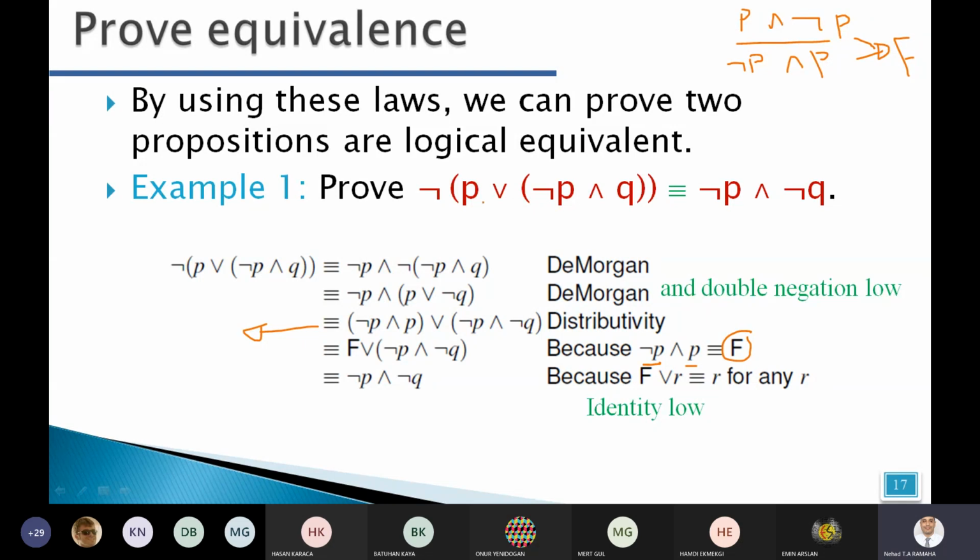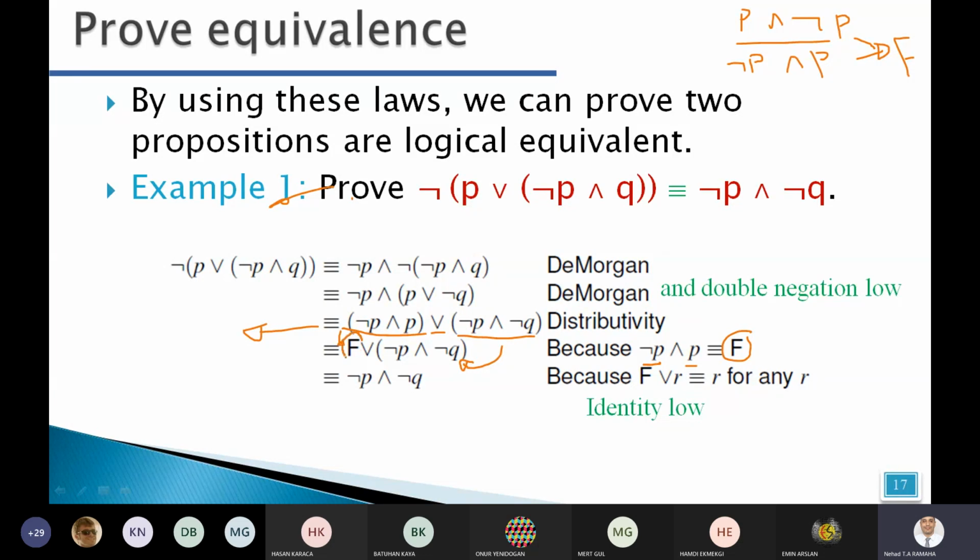So I can remove this part. Sorry, where is the pointer? Here. Okay, I can remove this part and put false. And we continue with this part.